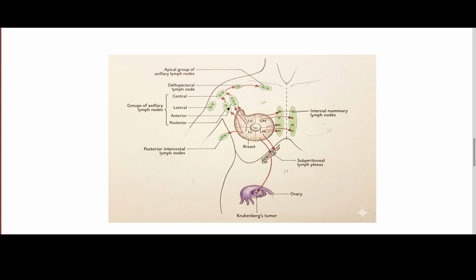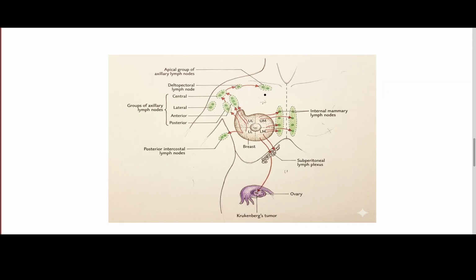From there, this lymph passes to the central group of lymph nodes. At the same time, some lymph also moves to the lateral group. Lymph from both the central and lateral group drains to the pectoral lymph nodes, and then they all drain to the apical group of lymph nodes, which is located at the apex of the axilla.